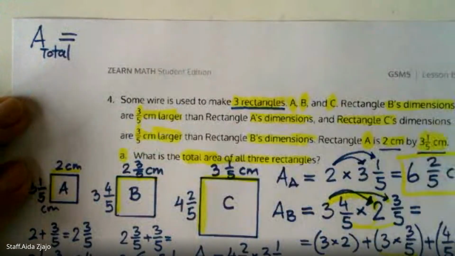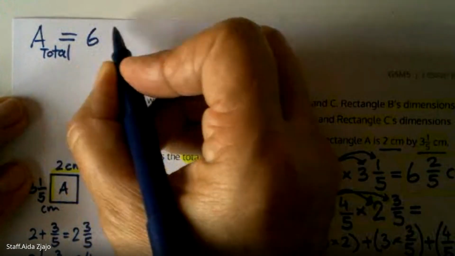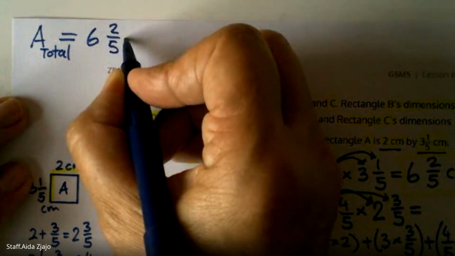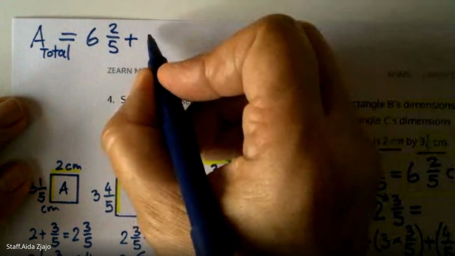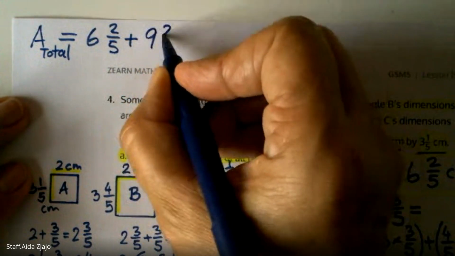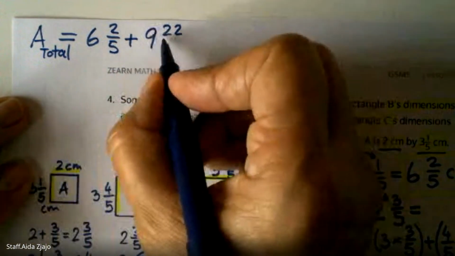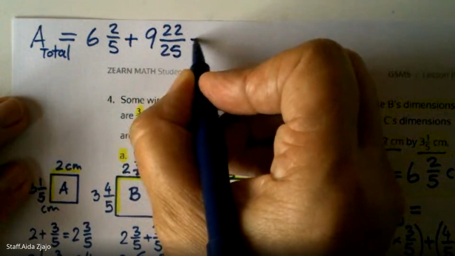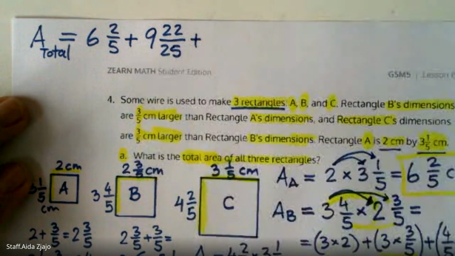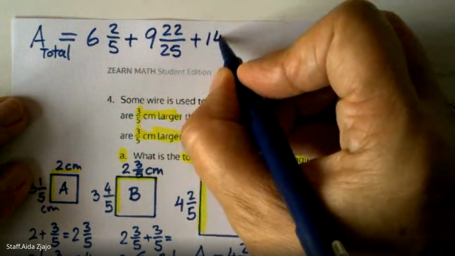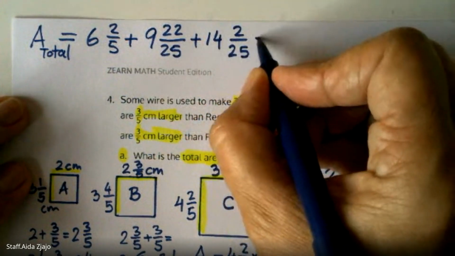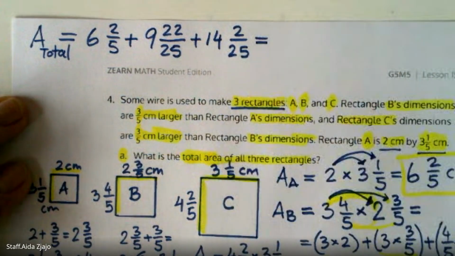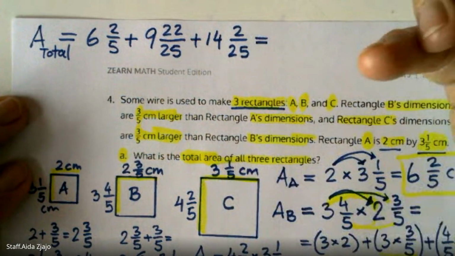equals, okay, 6 2/5 plus 9 and 22 25ths plus 14 and 2 25ths. Okay, and that is all square centimeters.